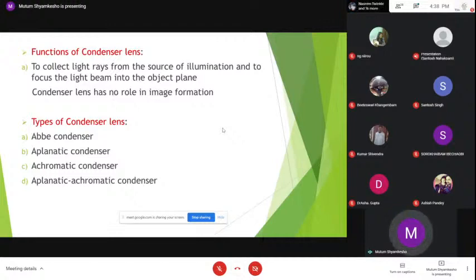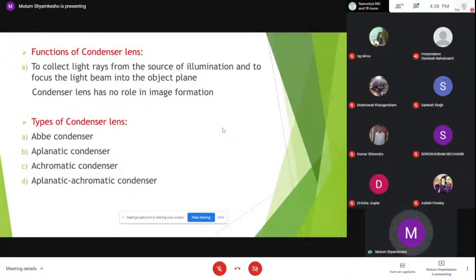Then the aplanatic condenser is corrected for spherical aberration, but not for chromatic aberration. We have already discussed the optical aberrations, the chromatic aberration as well as the spherical aberration. This aplanatic condenser is not corrected for chromatic aberrations, while it is corrected for spherical aberrations.